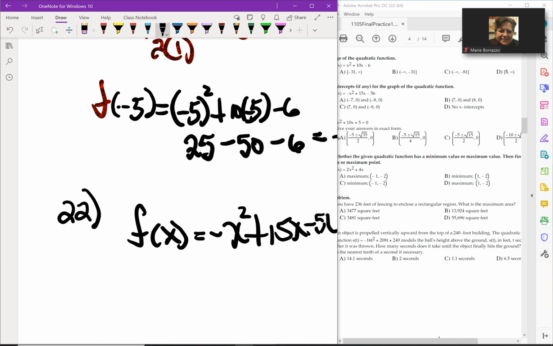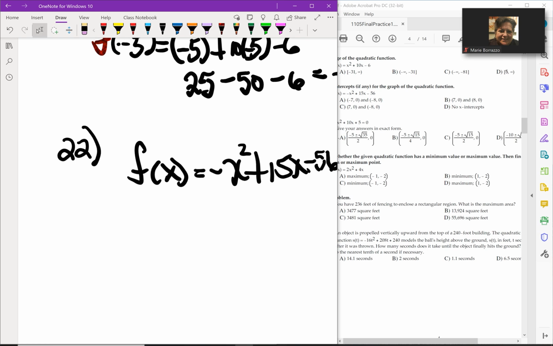So what we want to do is try to factor this. First things first, I'm thinking the c term is 56. I believe 8 and 7 would give you 56. Because this is negative, this has to be a plus-minus situation.